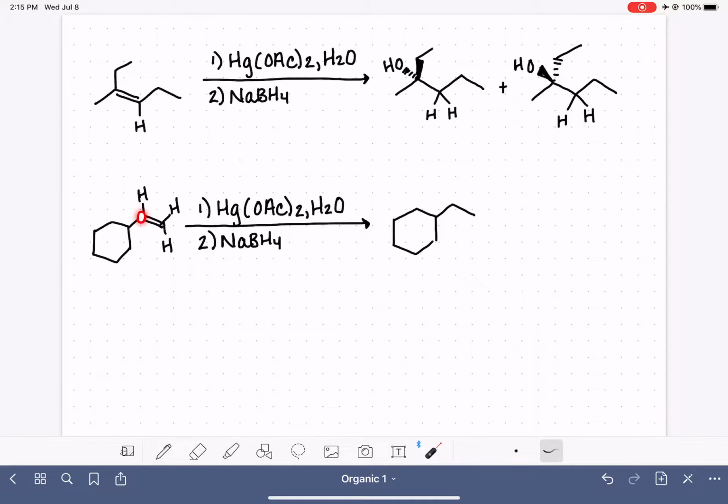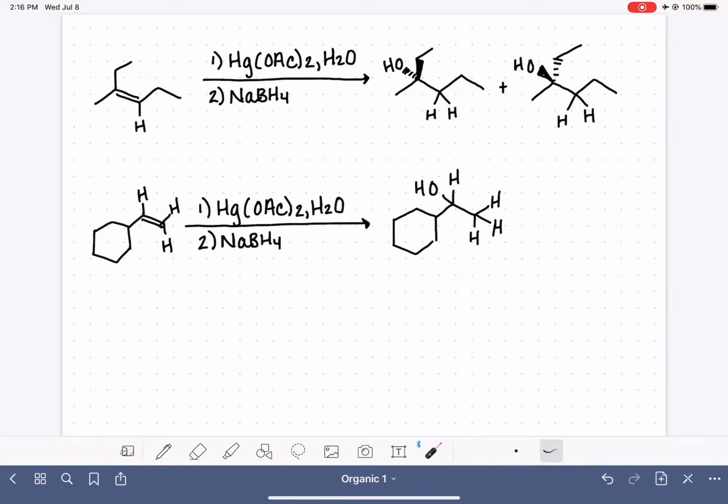This carbon had 1, this carbon had 2. 2 hydrogens means that our new hydrogen from the water molecule will go right here. So let's add the hydrogens that we started with, and then we'll add our new hydrogen, and we will add our OH.